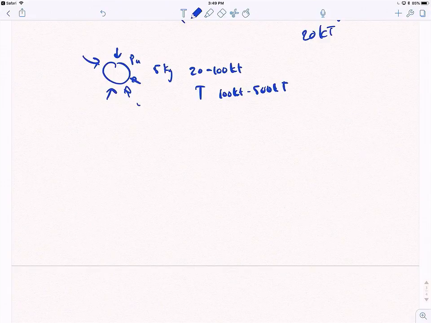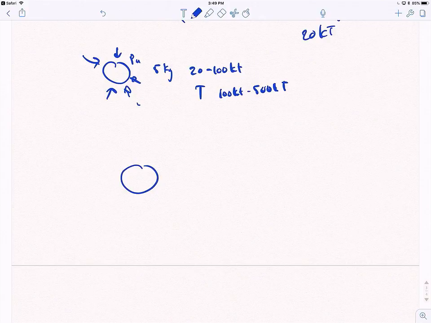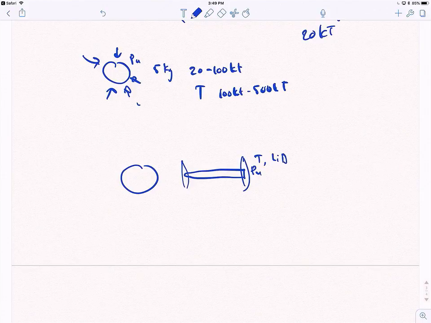You can also have the more advanced nuclear weapons, with a fission bomb connected to, usually, a plutonium core, and around it you can have tritium and also lithium deuteride.